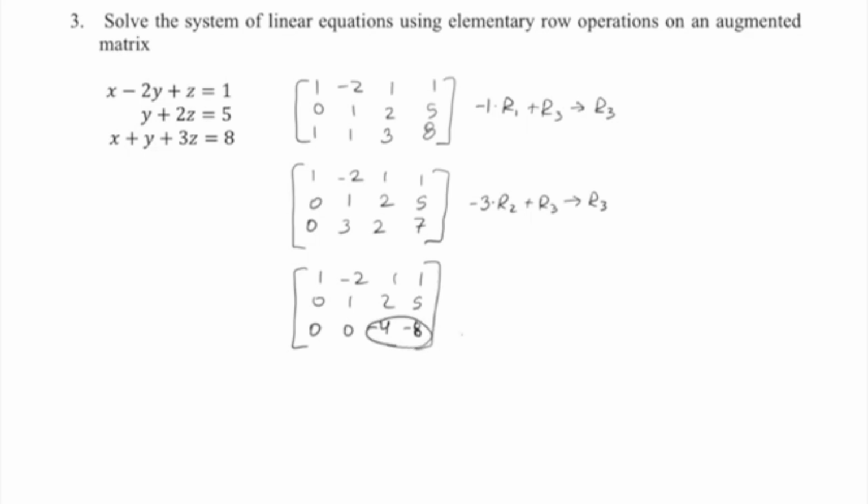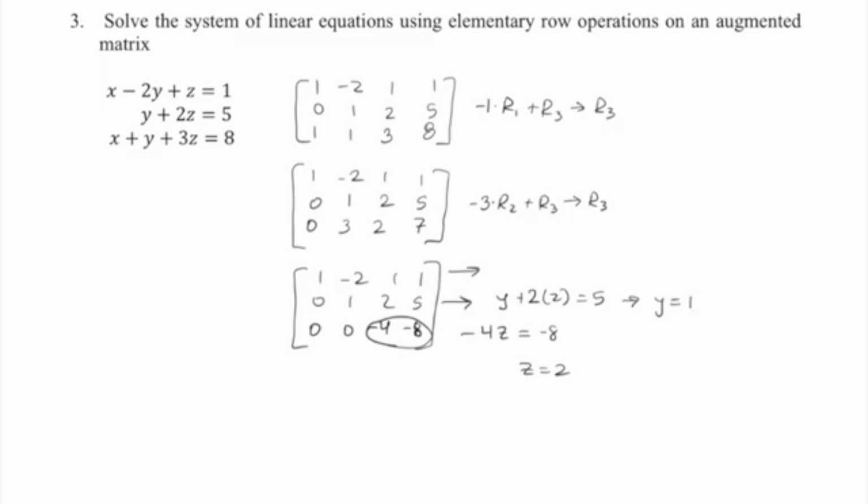It's far enough along where we know that negative 4z equals negative 8, which means that z is equal to 2. So then we use that middle row to represent the equation y plus 2z, which remember z now is 2. 2 times 2 is 4. If you subtract 4 from 5, we get y equals 1.